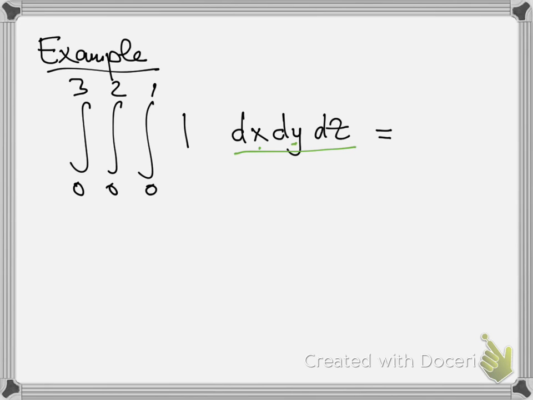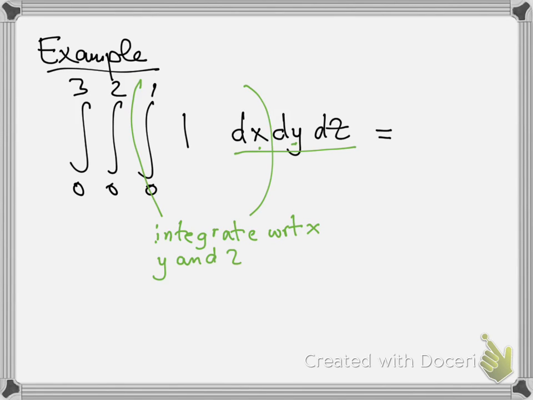You're supposed to consider y and z as constants. But anyway, here there's no y and z, it's just 1, so the integral of 1 with respect to x is just x.